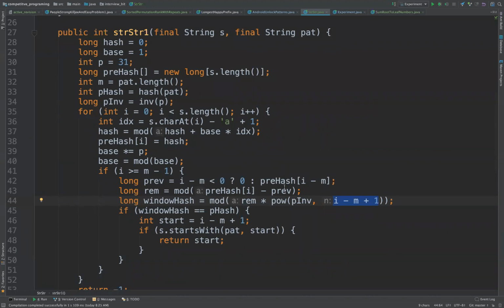Yeah, but what's needed is that you will have to find the hash of any arbitrary substring as you traverse. If you keep it of size pattern, say your pattern is of length 5 and you keep it of length 5, then how will you find the hash of a substring that starts at index 6 and ends at index 10?